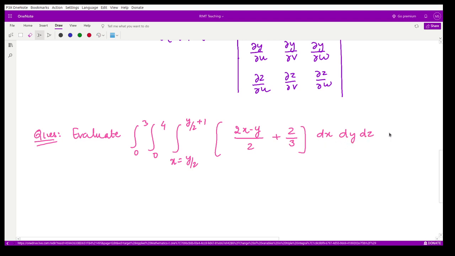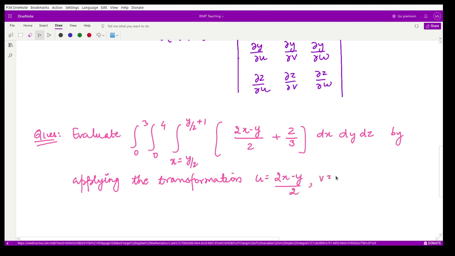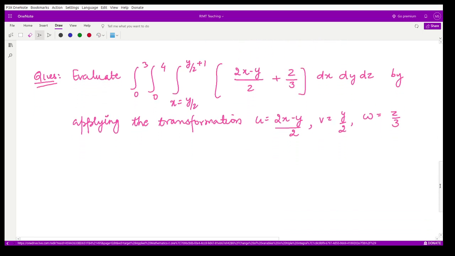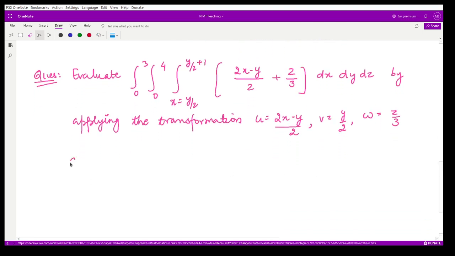We have to evaluate this by applying the transformation u is equal to 2x minus y divided by 2, v is equal to y by 2 and w is equal to z by 3.